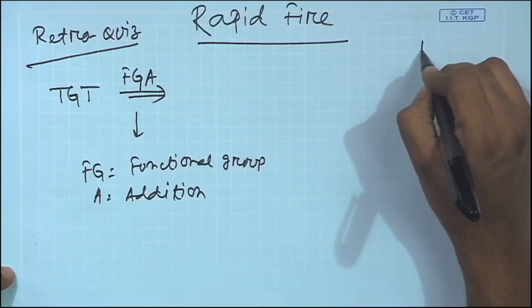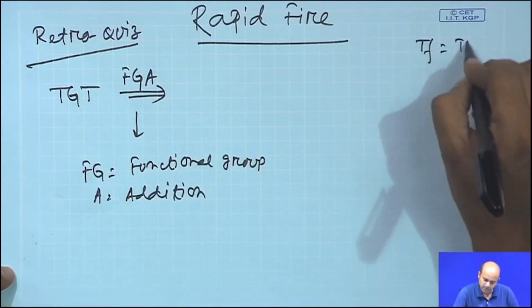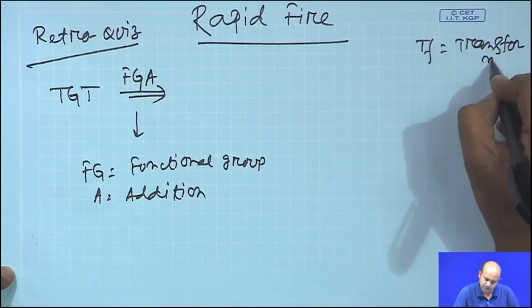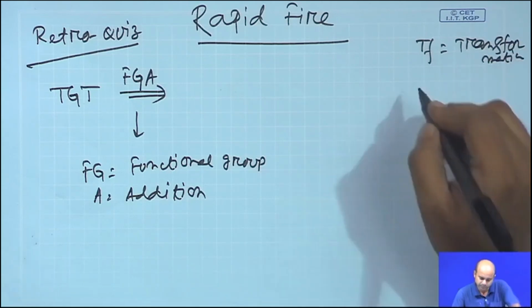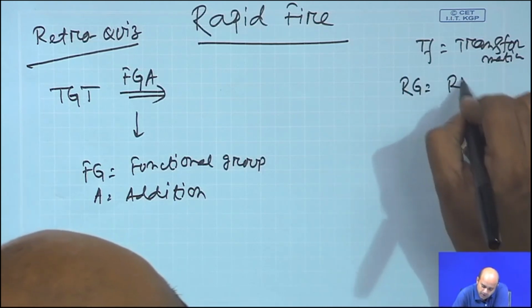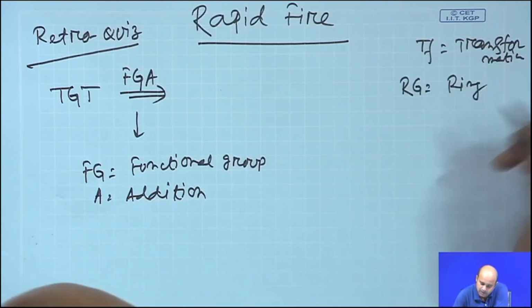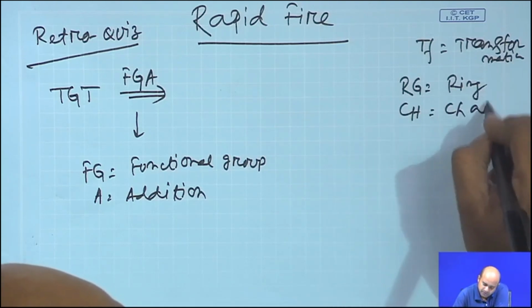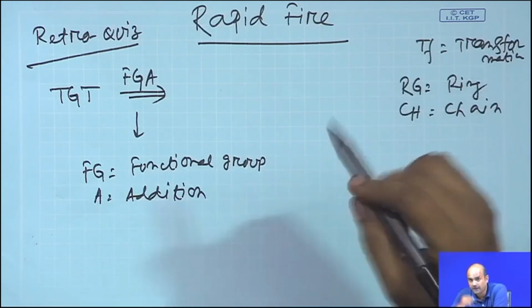You can also abbreviate other terminologies. Let us say TF stands for transformation. Any potential chemical reaction can be called a transformation. RG stands for ring. If your target molecule has a ring, it is called RG. CH stands for chain. Sometimes if you have an acyclic chain in the molecule, it is called chain.